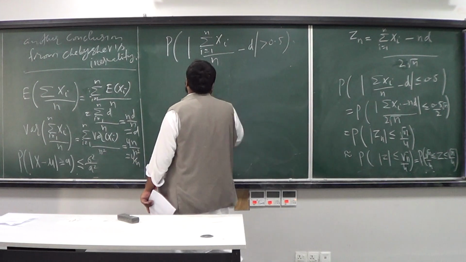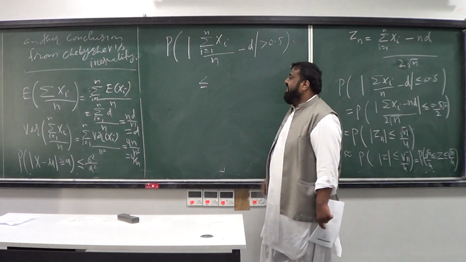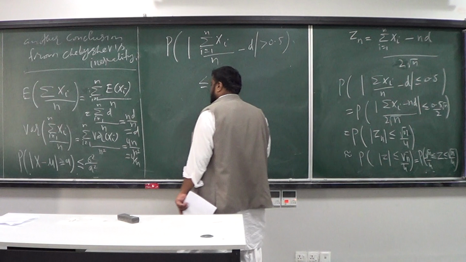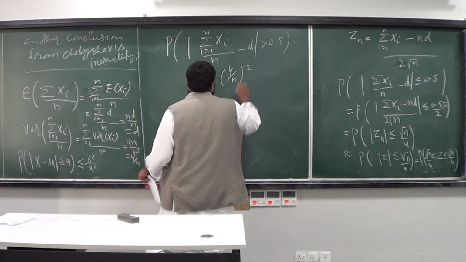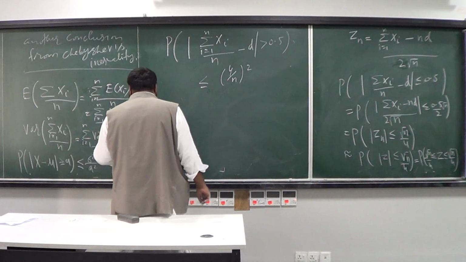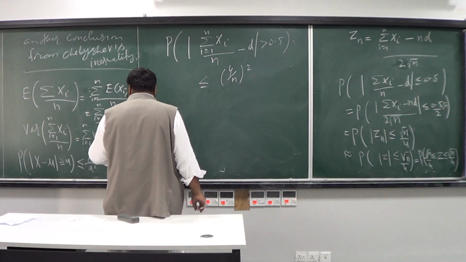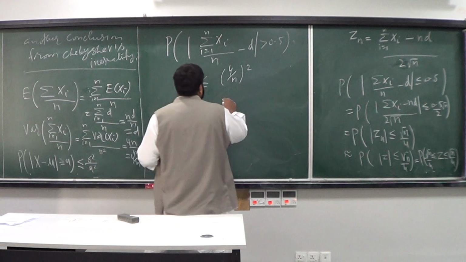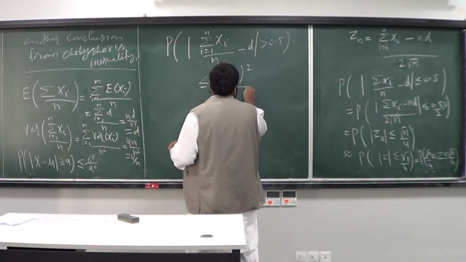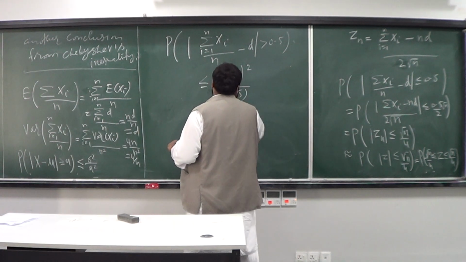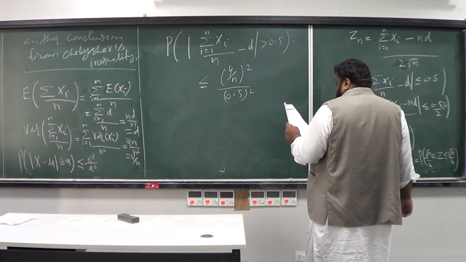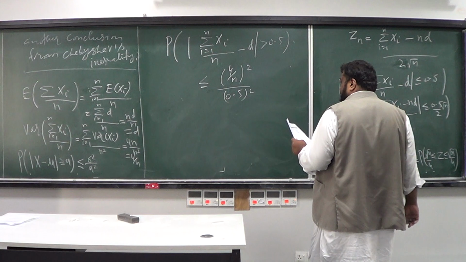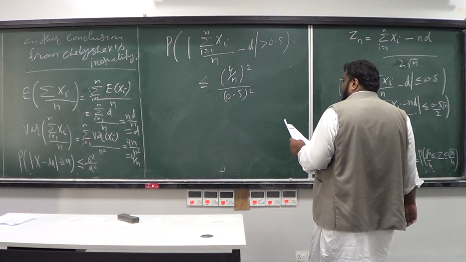This probability can be estimated by the variance of this, which is 4 by n, divided by a square, which is 0.5 square.